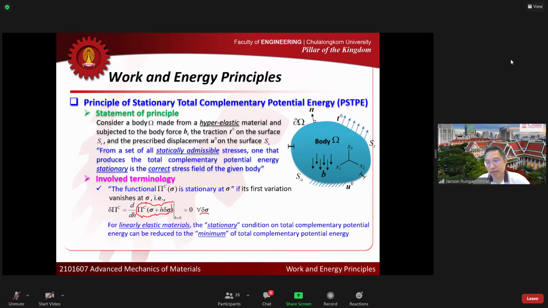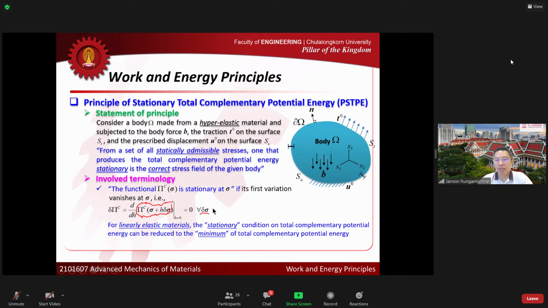For linear elastic materials, we can prove that the stationary condition that we have here is equivalent to the minimum condition of pi c. Or I can say that for a linear elastic material, pi c is stationary if and only if that sigma produces the minimum value of pi c.